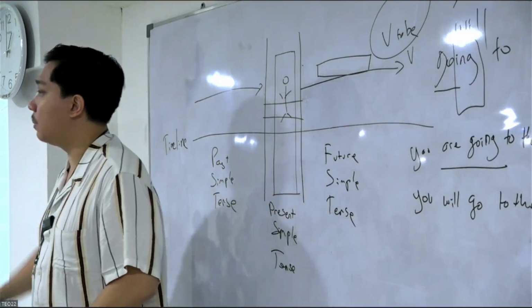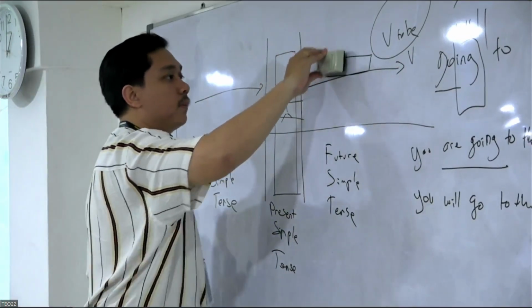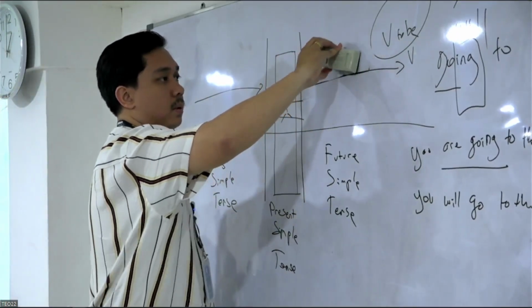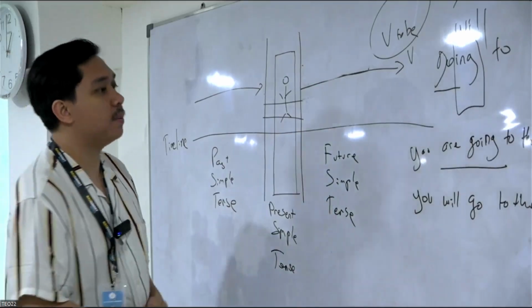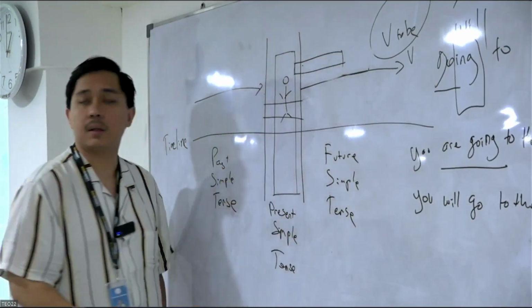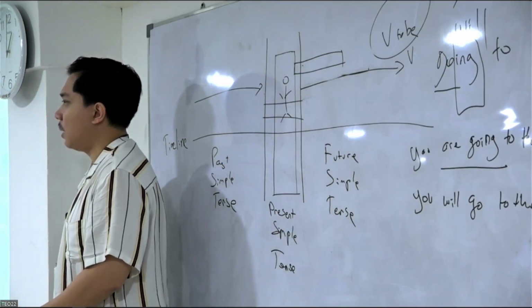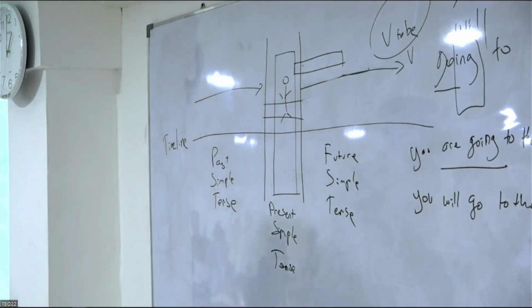You are going to the mall would be something around here. It has some kind of present aspect there because it's an activity that you're doing.